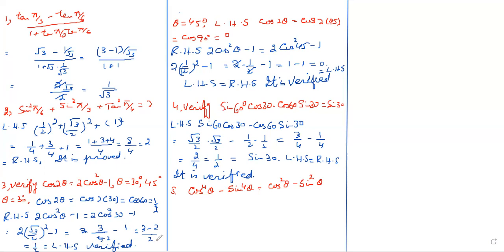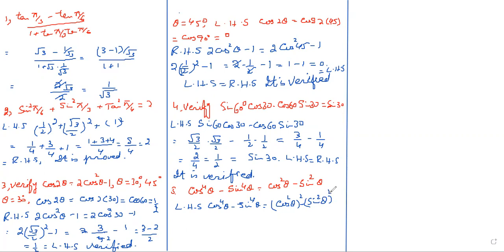So taking left-hand side now, left-hand side is cosine 4 theta minus sine raised to power 4 theta. We can write it cosine square theta square minus sine square theta square.